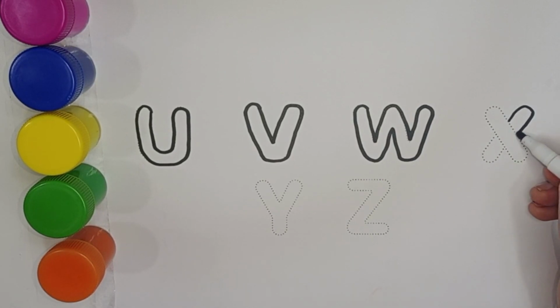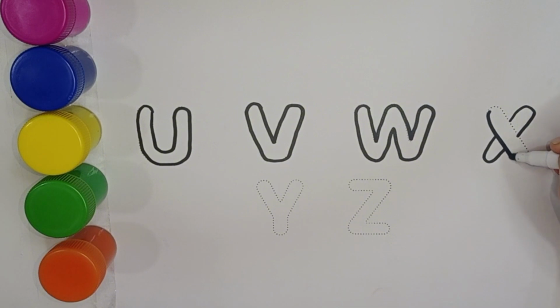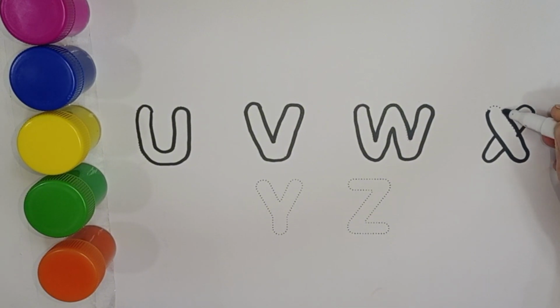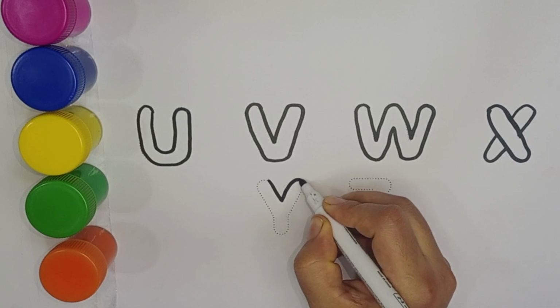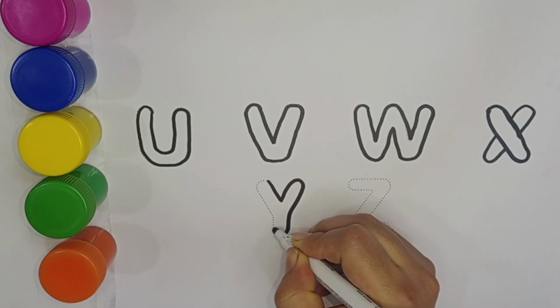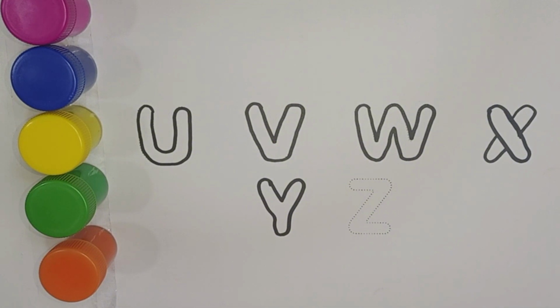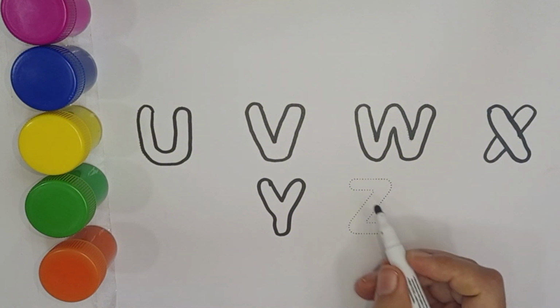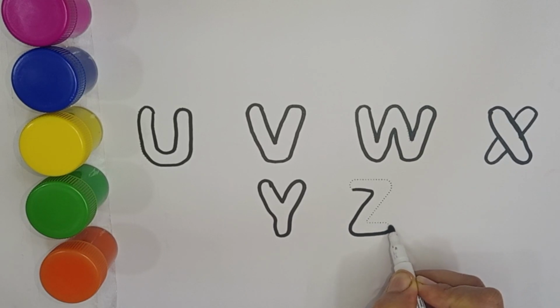X. X is for xylophone. Y. Y is for yak. Z. Z is for zoo.